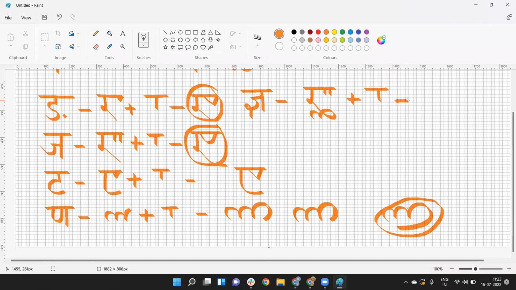And when we attach R to it, it is similar to Ja. What we did in case of Ja, similarly, we'll do it here as well. So instead of using these two parallel lines, we draw a wider, softer triangle. Basically, this is not a very conical triangle that I'm drawing here. And plus the extension of the Shirorekha towards the right side is more.